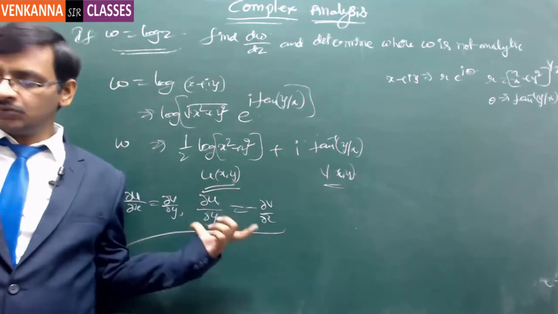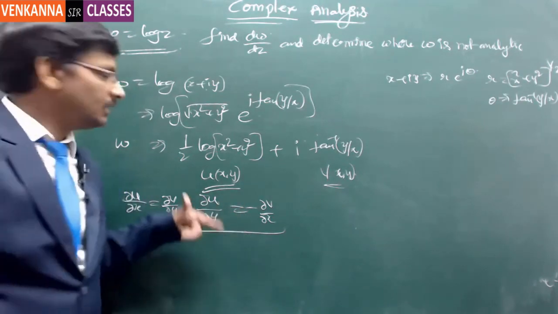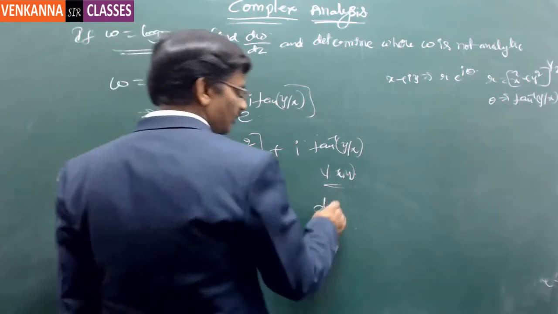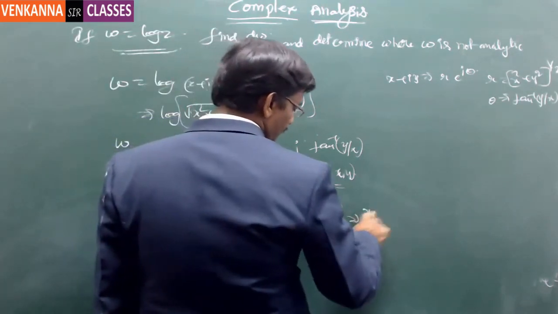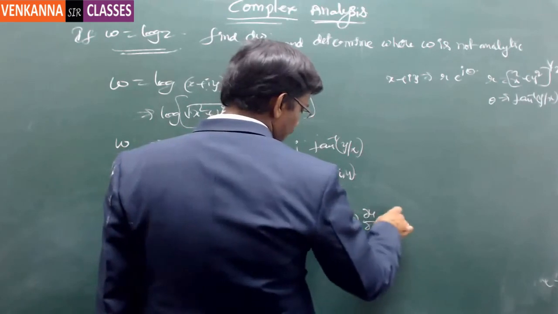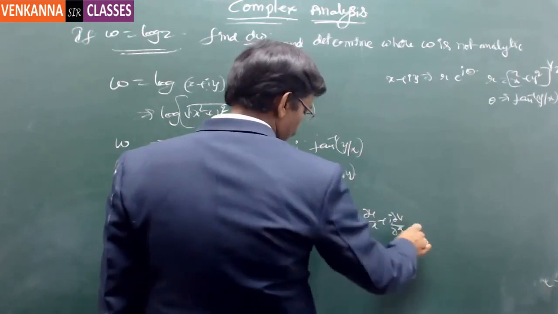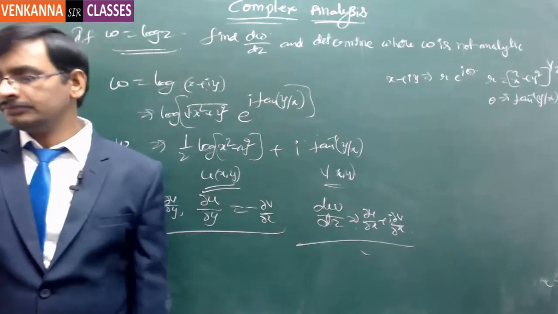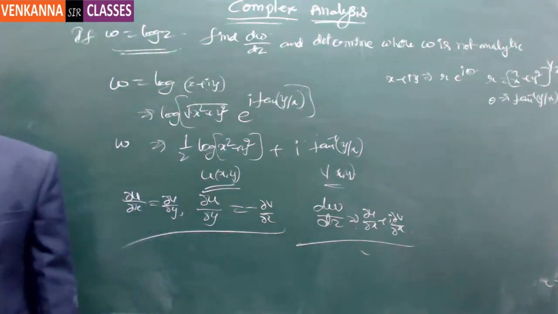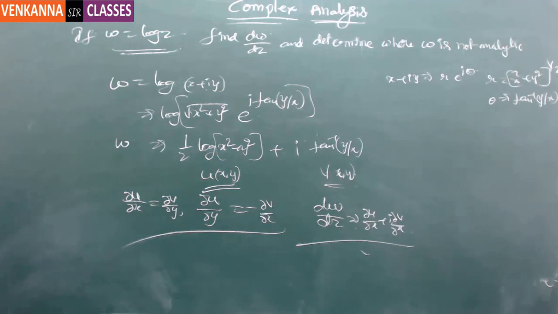Then if you are done with it, you can express dw by dz as dou u by dou x plus i times dou v by dou x. Calculate this and tell me what answer you got.